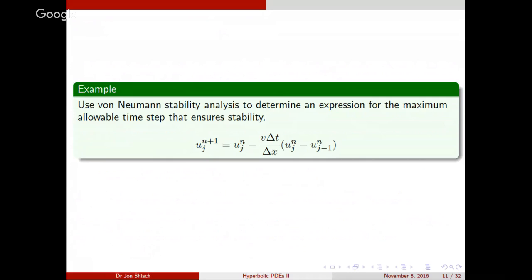And that's equal to the 1 minus c, and then I've got u_j^n, which is just this one here. Okay, and then I've got plus c u_{j-1}, so I'm going to have x minus delta x.